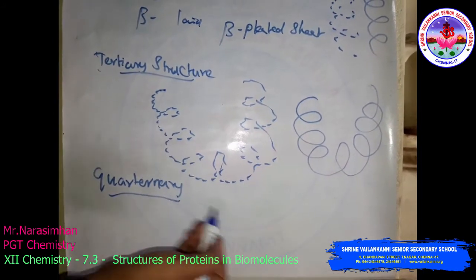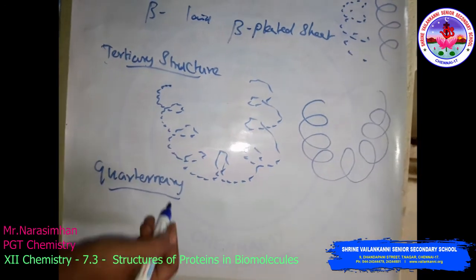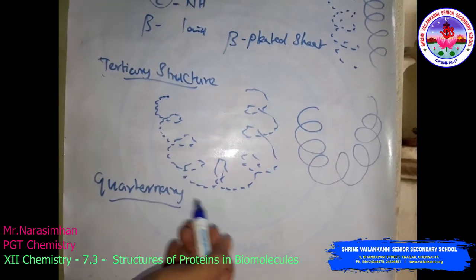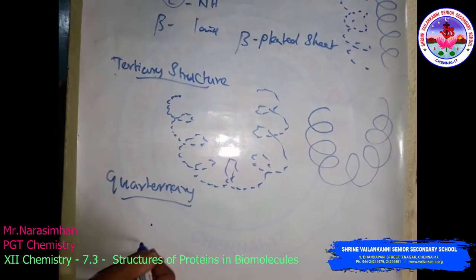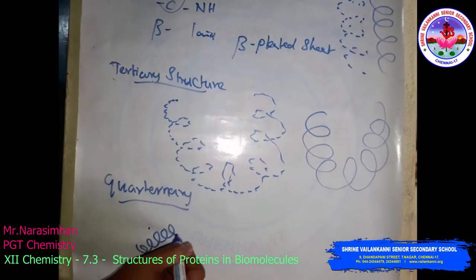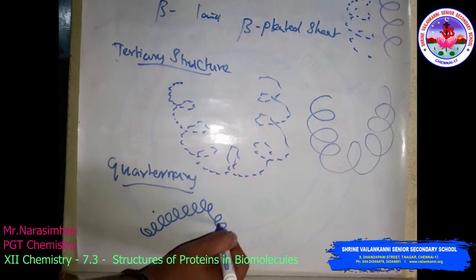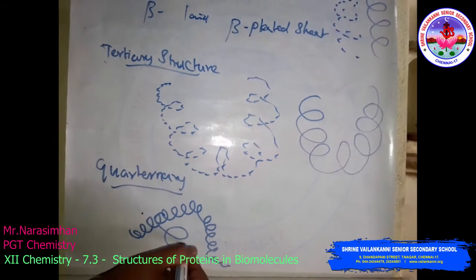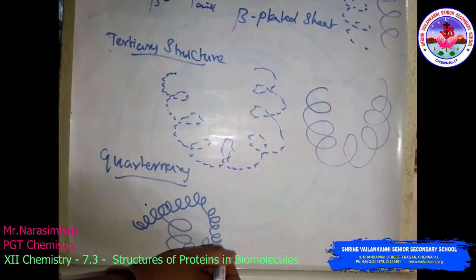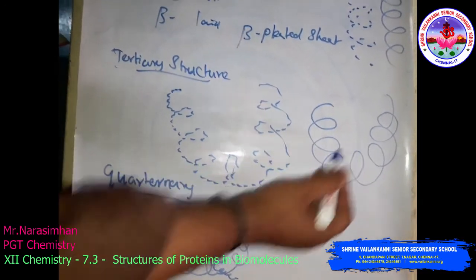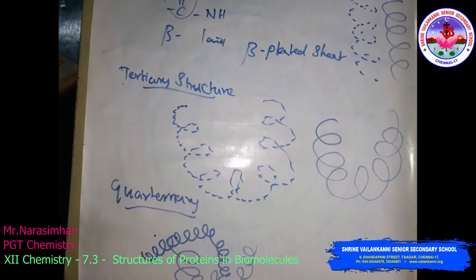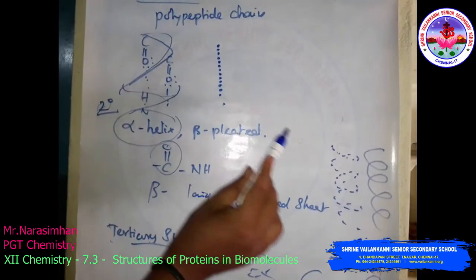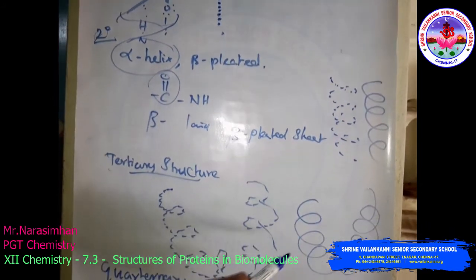The spatial arrangement of these subunits with respect to each other is the quaternary structure, like this, just a joining of this and one like this. So these are the different structures: primary, secondary, tertiary, and quaternary structure of the protein.